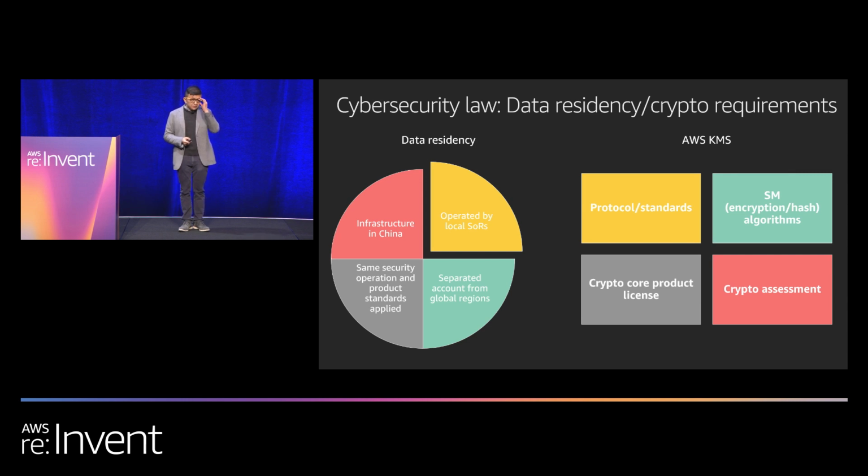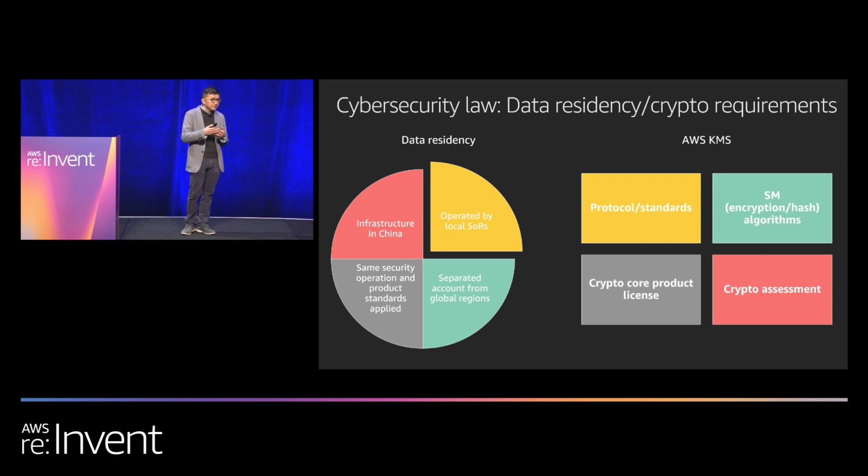Now, the other very important topic to be aware of is the cybersecurity law, right? It is enacted already, so it is in place today. The primary premise of it relates to data residency. Okay, the good news is, as long as you are using China regions, by default, you are already meeting the data residency requirements.